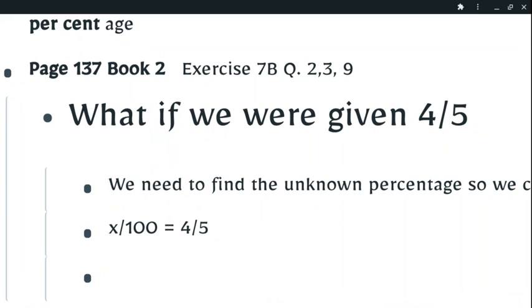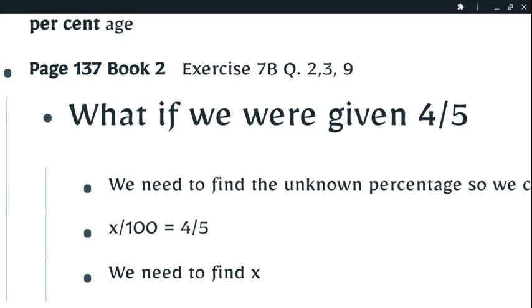If you're on page 138, you can follow along with me. Essentially, what we're going to work out is that the X here is being divided by 100, correct? Everybody there? Yes, sir. And we need to find X. In our case, we're just looking for the unknown that we don't know.